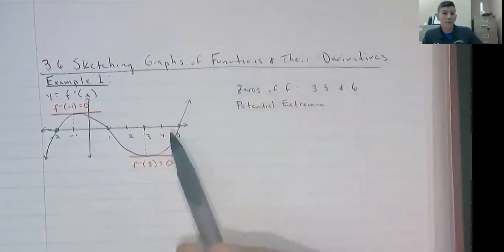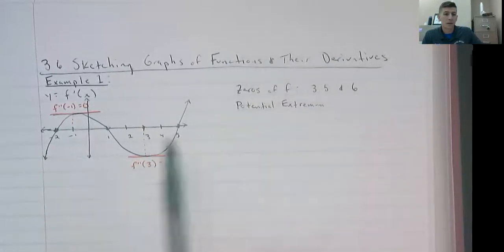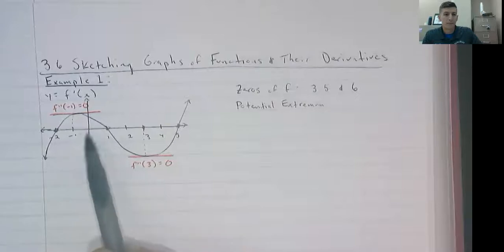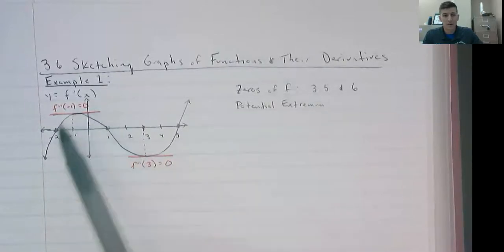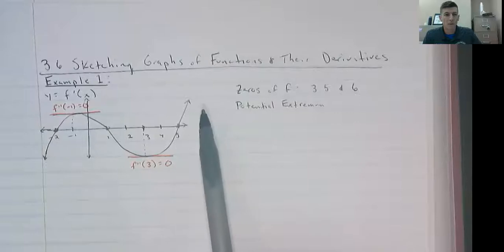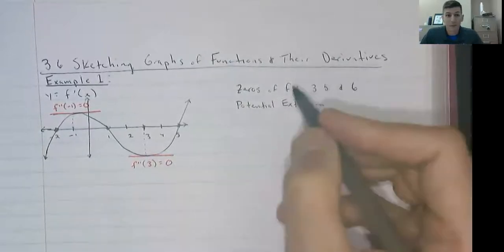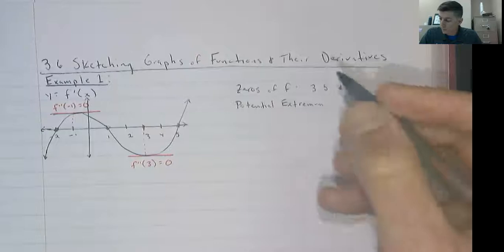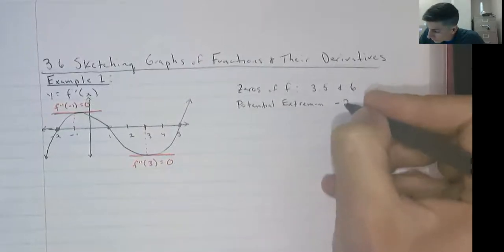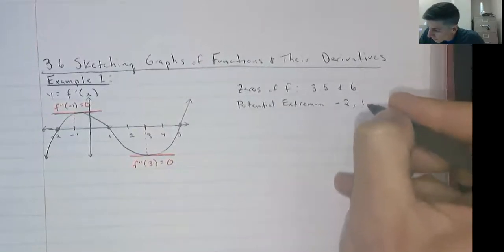Well, the potential extrema are the zeros or non-existent first derivatives. We can hopefully see that this curve appears to exist everywhere. So there are no critical points that are DNE, but the critical points based on this graph, the locations of our potential extrema, are at -2, 1, and 3.